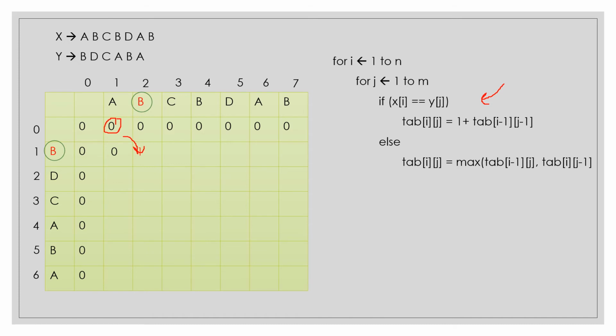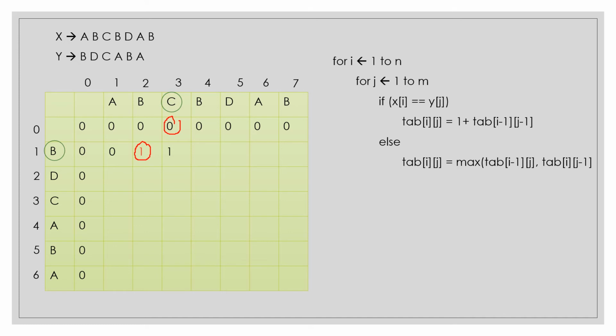So now we'll move ahead. We can see this B and C are both different, so the else condition will be followed. The greatest among them will be appended in this block, so we can see 1 is appended.